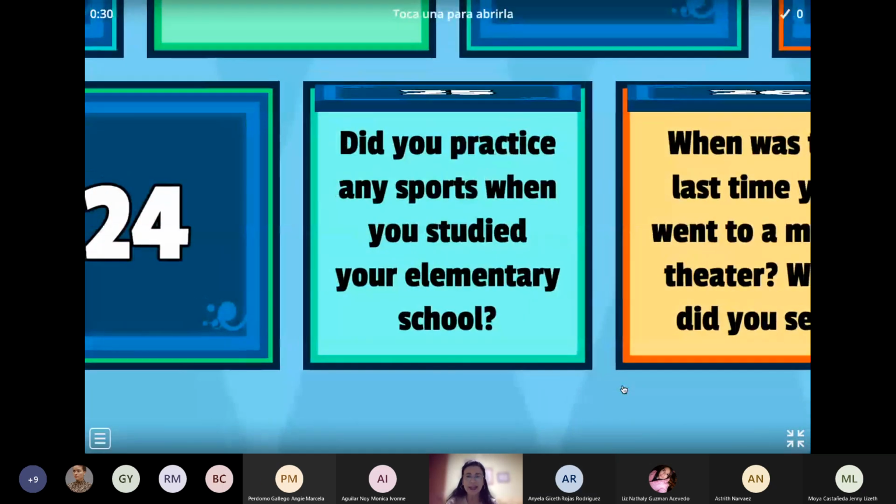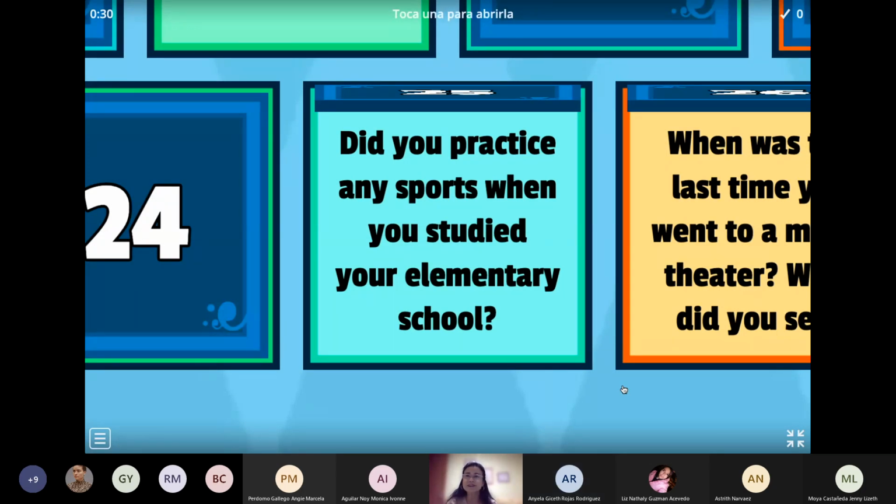Did you practice any sport when you studied in elementary school? When you were at high school, in primary, in secondary, did you practice any sport? You say, no, I didn't, or yes, I did.